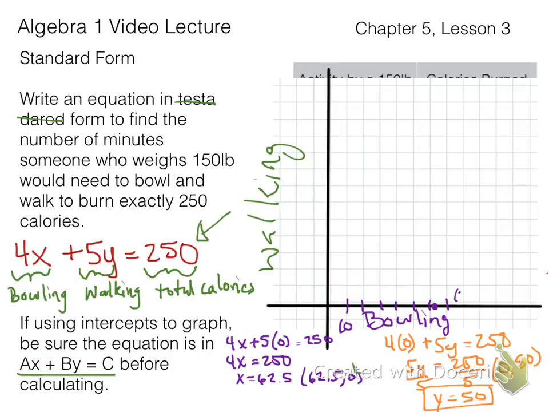So that's the point 62.5, and my other one, which I did in orange, so I'll keep it in orange, 10, 20, 30, 40, 50, 60. This was at 50 minutes, so it's right spot on. So here we go.